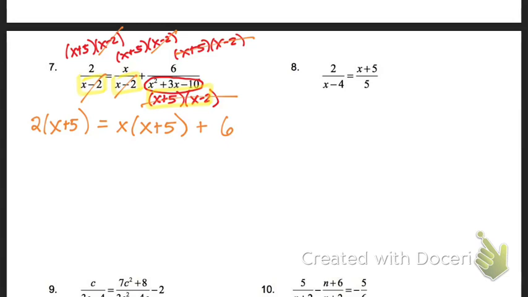From here, I'm going to try to solve. So I'm going to distribute. Move everything over.